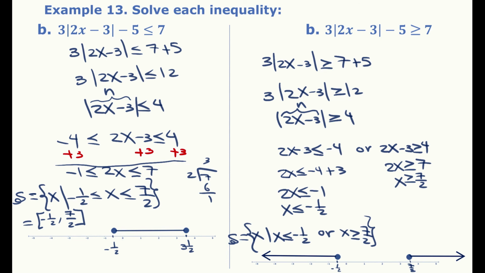Notice that the numbers in play for our graph are once again negative 1 half and 7 halves, which is 3.5. But this time we want numbers less than or equal to negative 1 half, therefore the arrow to the left, or greater than or equal to 7 halves, right? So we can go ahead and write the interval notation version of the solution set.